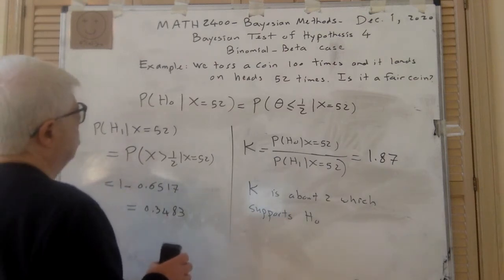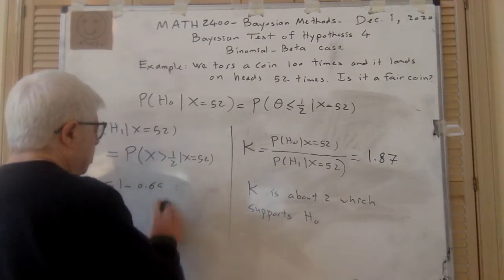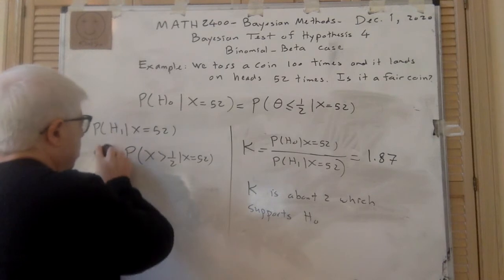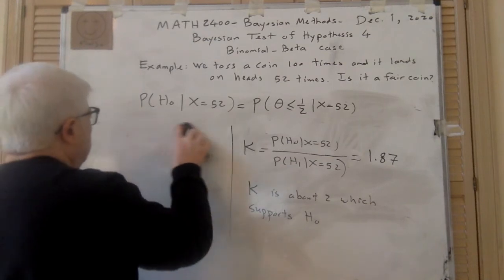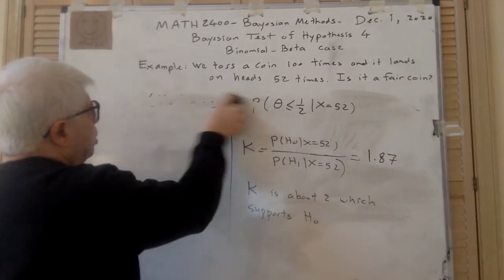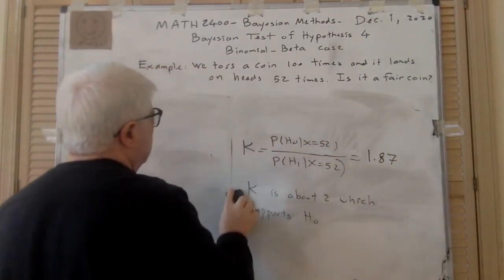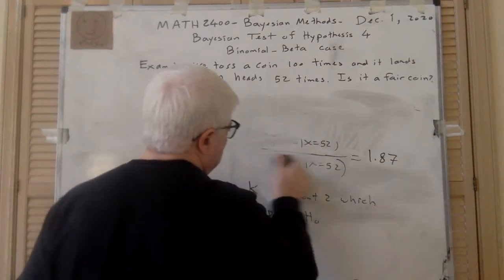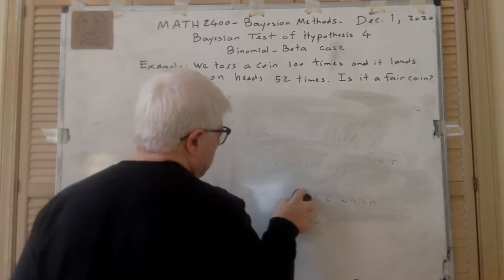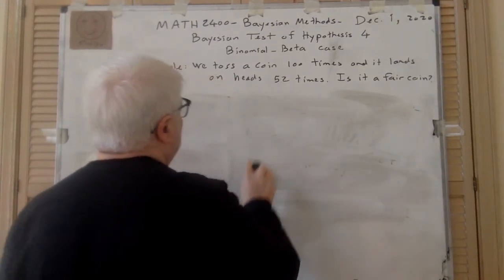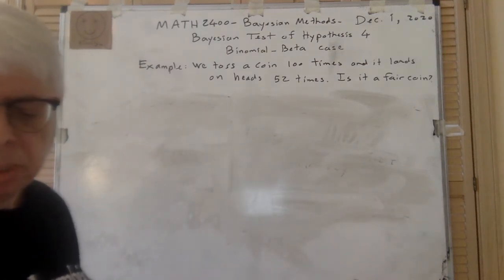Okay, so let me erase this and write down the general form of this. So the binomial beta. It doesn't have to be a coin, it can be like you play a game, for example.